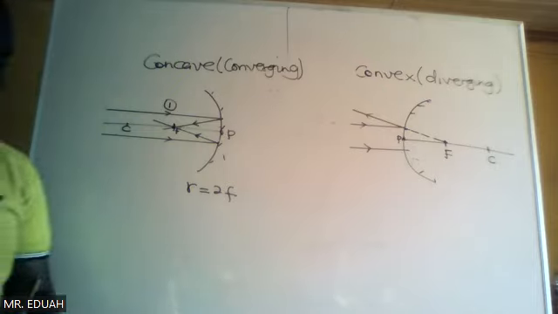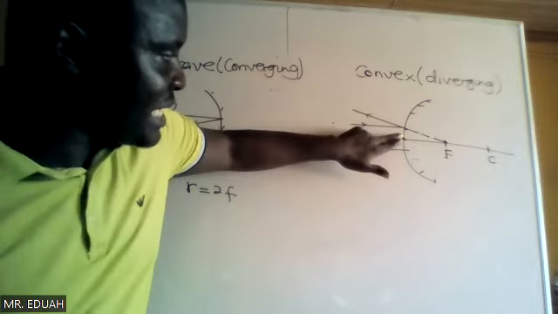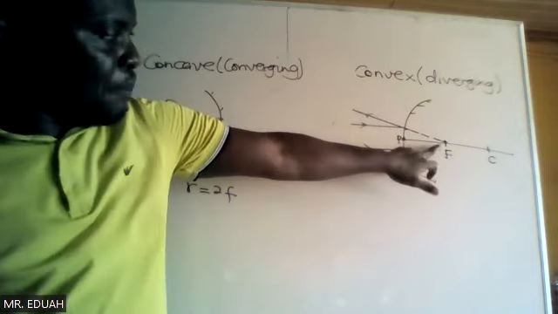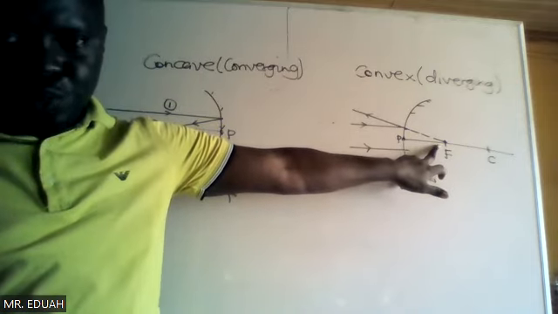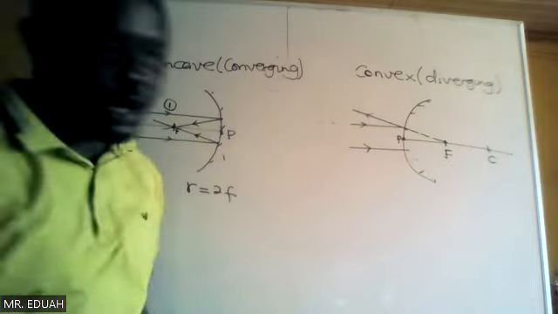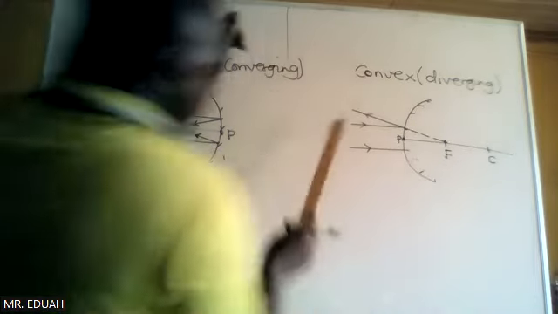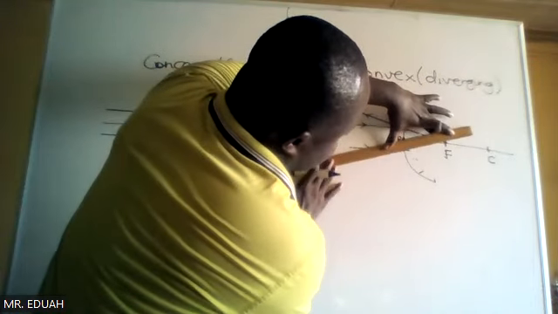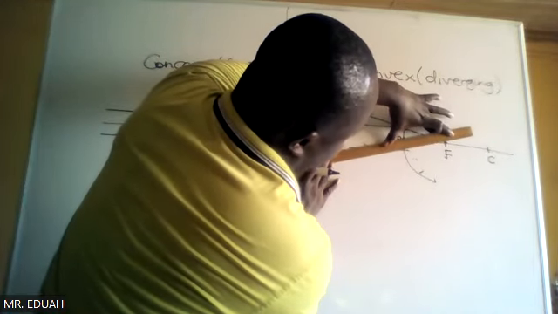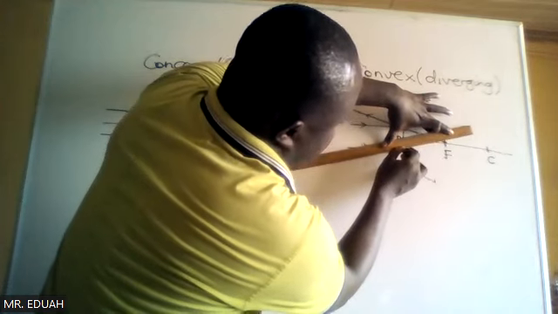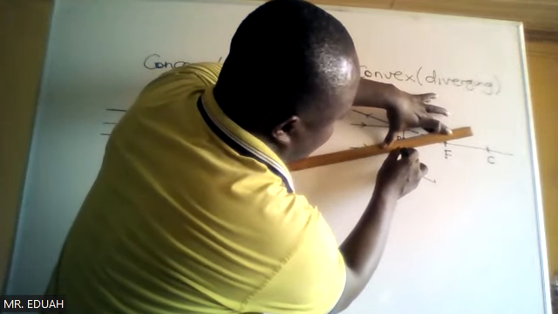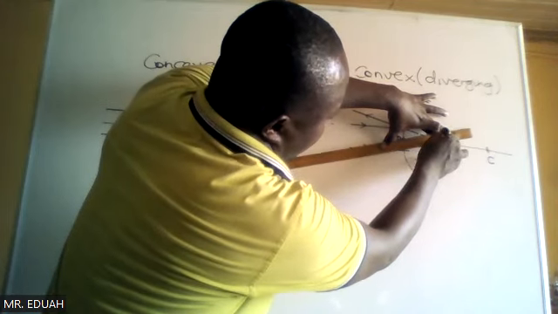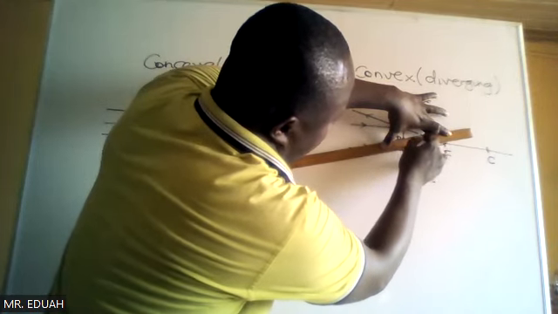You see, the incident ray hits the mirror, it is spreading out, but the diverted ray appears to be diverted from this point for ray one. If I draw another for this one, once the ray hits the mirror, the incident ray will be diverged, will spread out. But the diverted ray appears to be coming from a point behind the mirror.